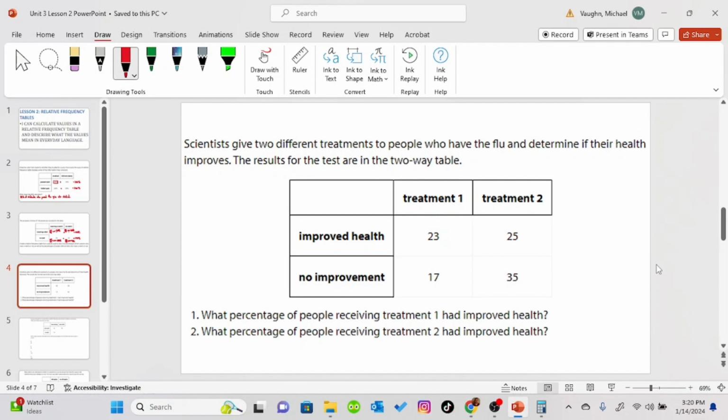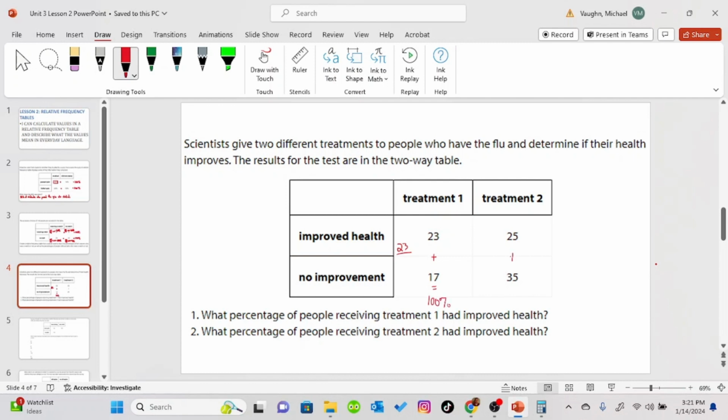So when we're finding our percentages, we only care about the columns. So when we look at this first box, we need to take 23 and divide it by the total in the column. So what we're saying is we want to add these together and have it equal 100%.